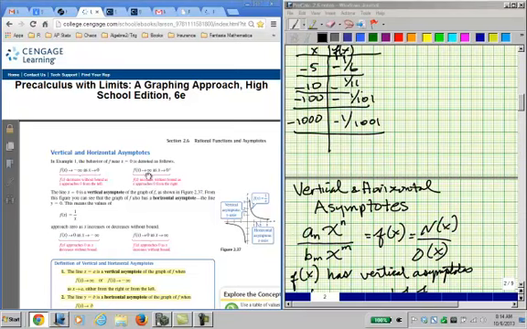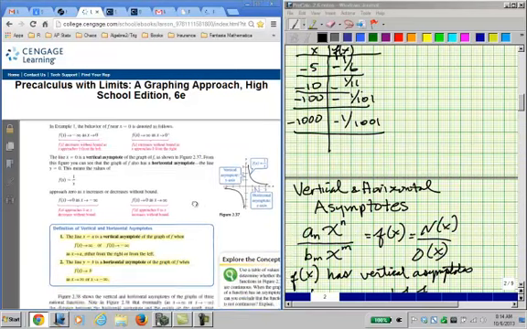As f of x approaches infinity, x approaches 0 from the positive side.